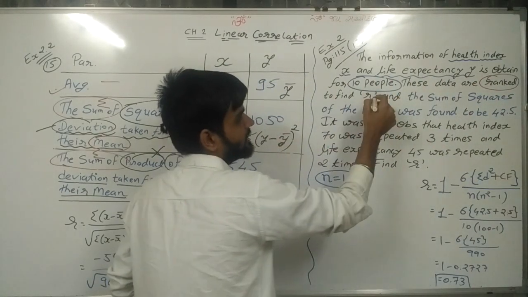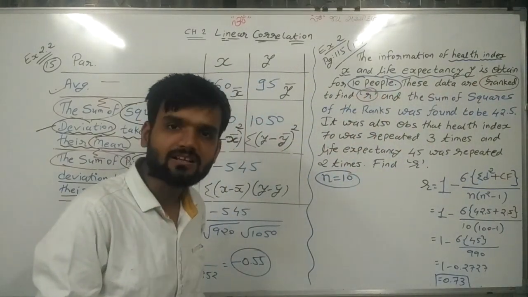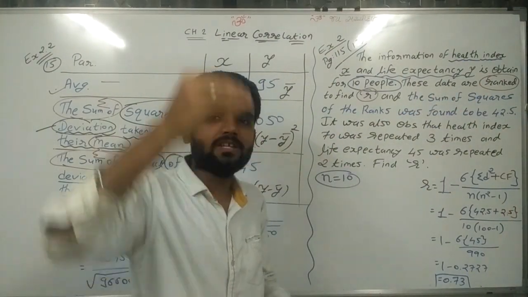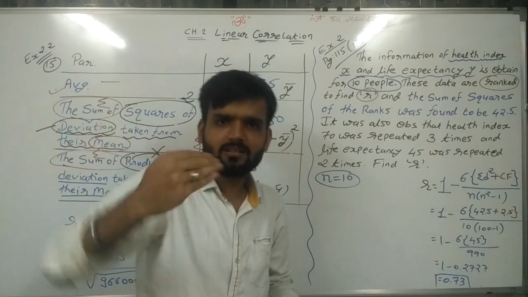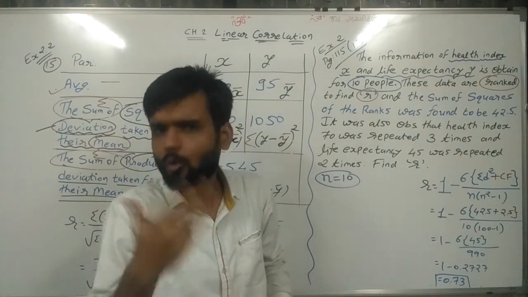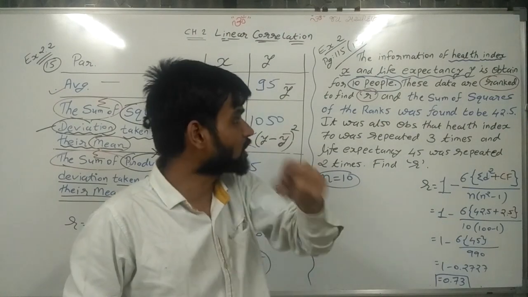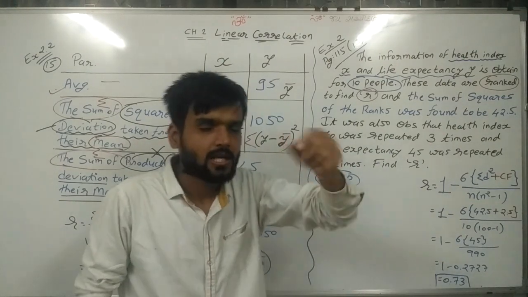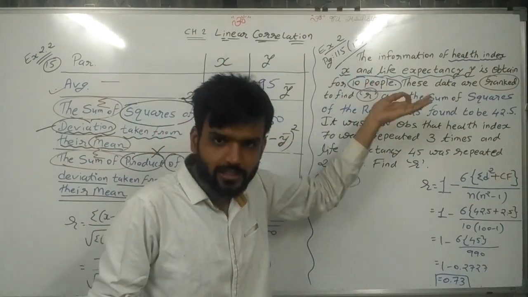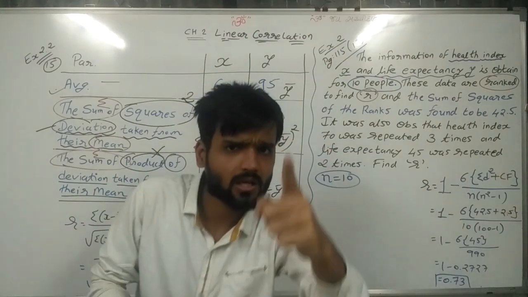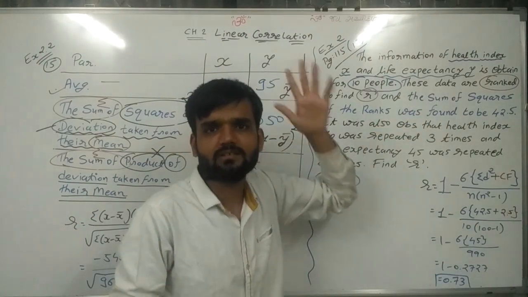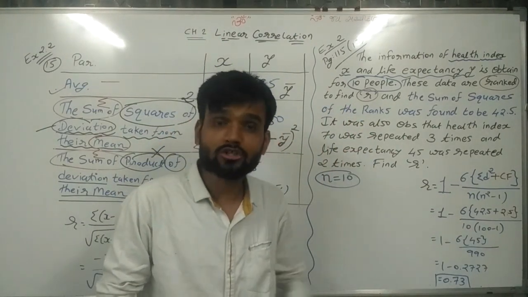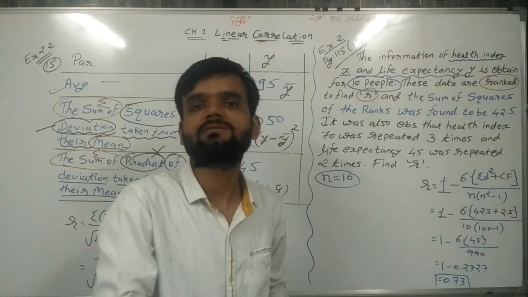The data are ranked to find the correlation coefficient R. For this data we have given the rank: first rank, second rank, third rank, up to 10. So first of all, this data is ranked to find R. By reading this statement, we can know it is a rank correlation sum, because the data are given ranked.